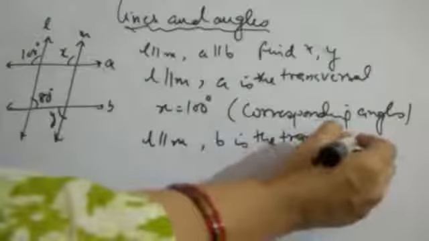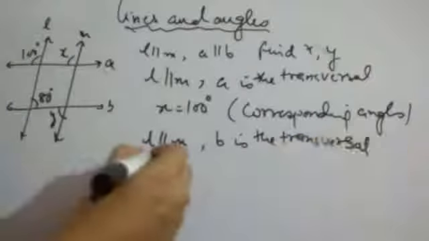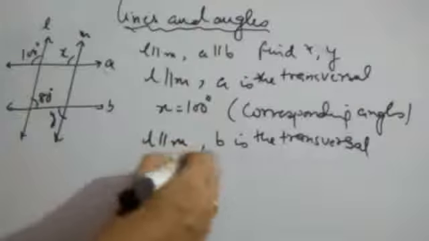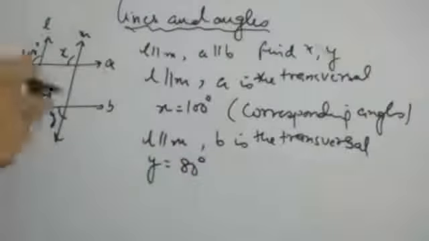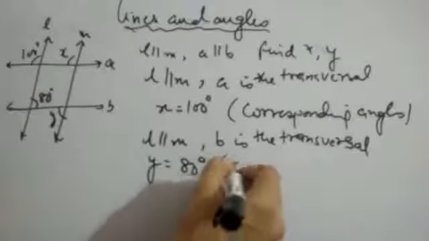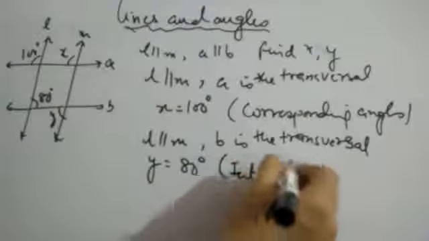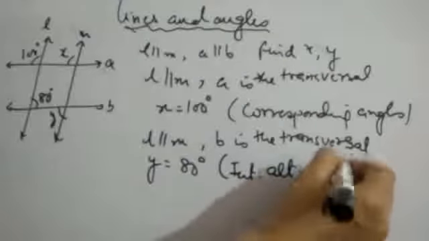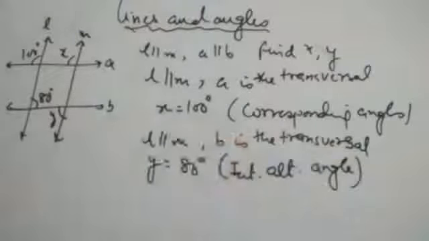So Y is equal to 80. What kind of angles are these? These are interior alternate. In the previous video I have explained the types of angles. So that was a set of corresponding angles and these are interior alternate. Right?